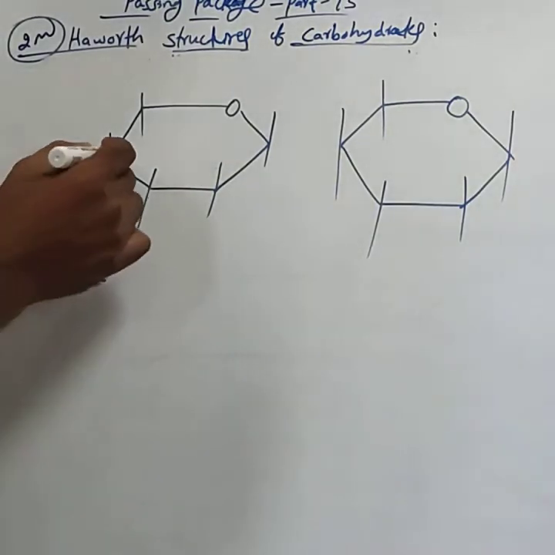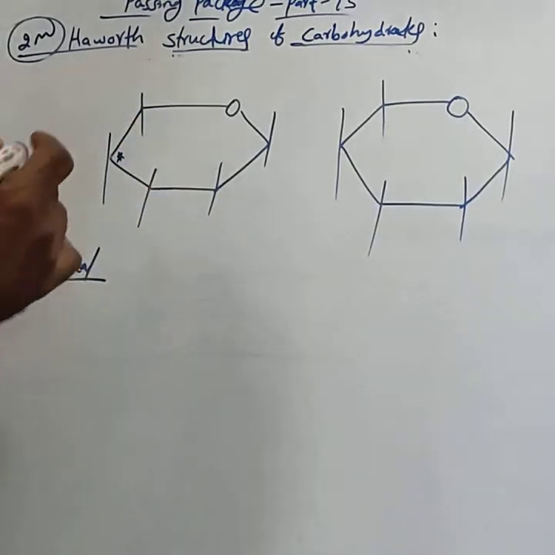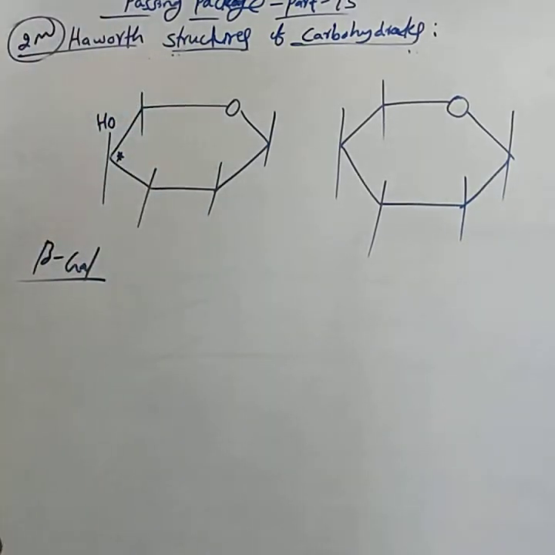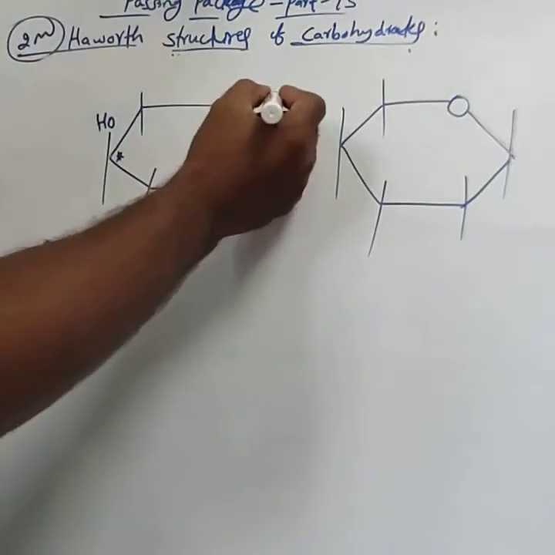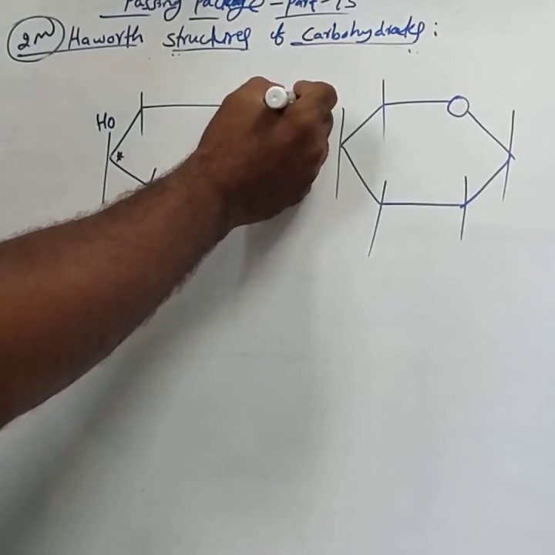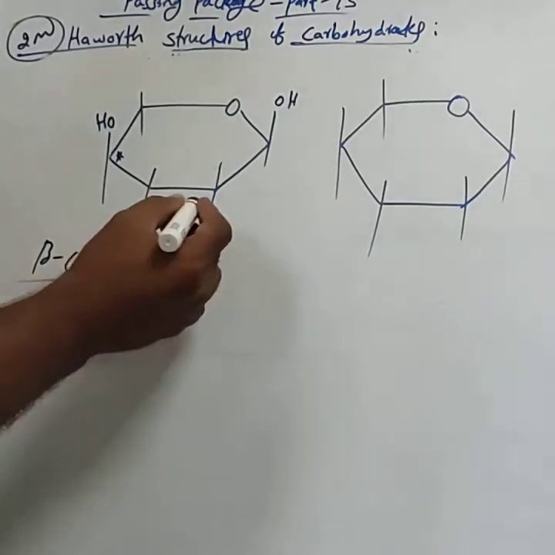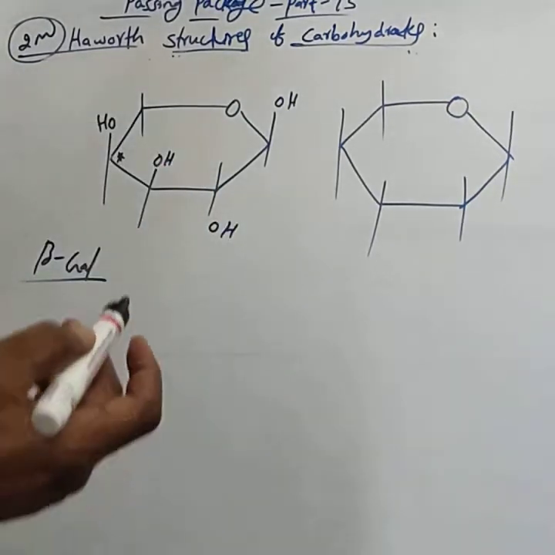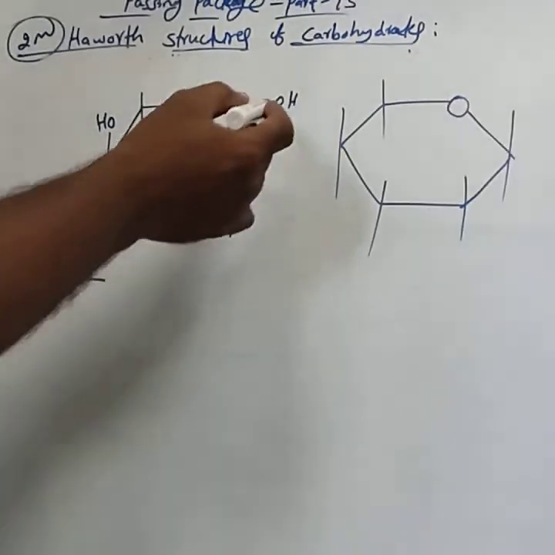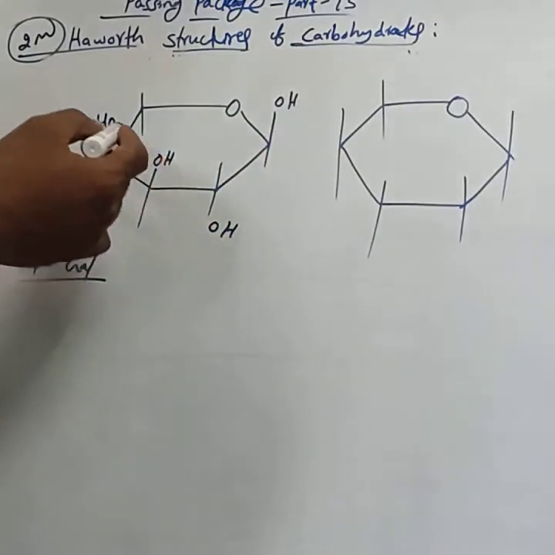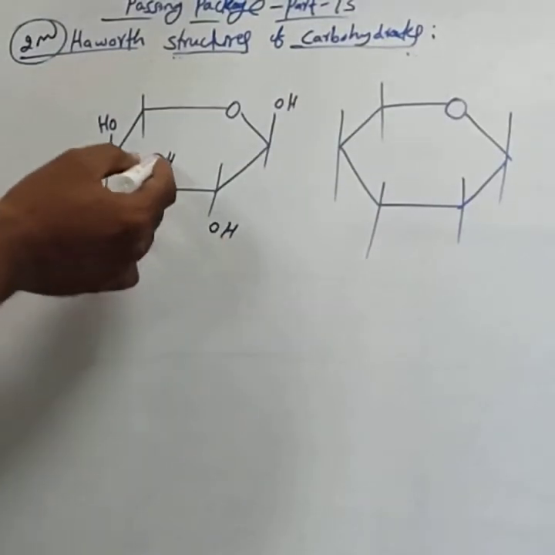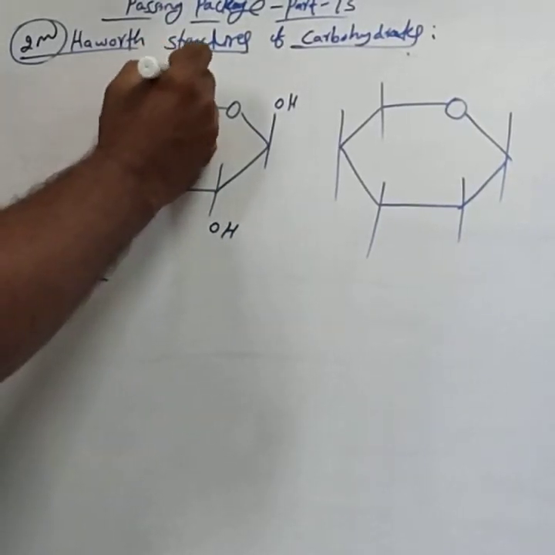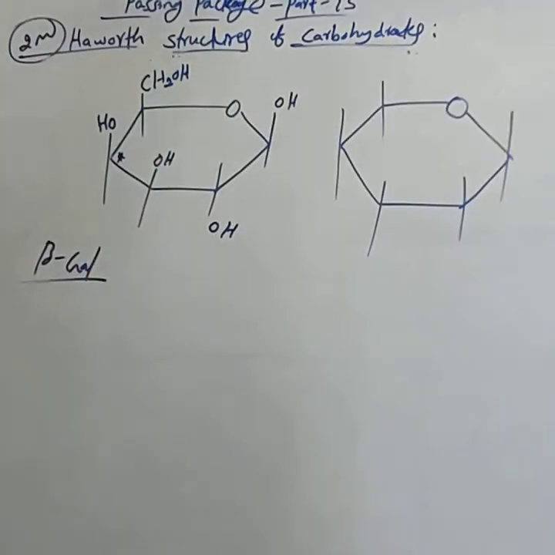Galactose means on the fourth carbon atom, OH should be above. First you write down that position, OH. Beta means the first carbon OH above. Then the remaining are OH below, above OH. That is the code word for beta galactose. Then this one is the CH2OH. This is the beta galactose.